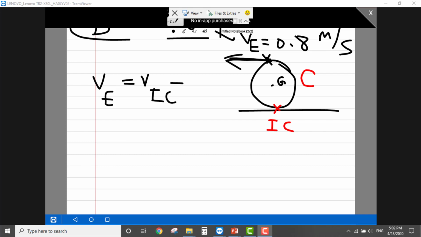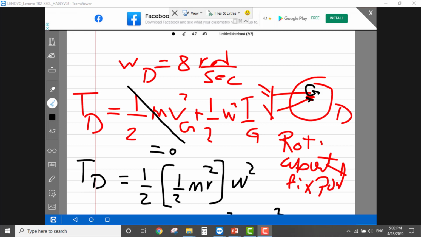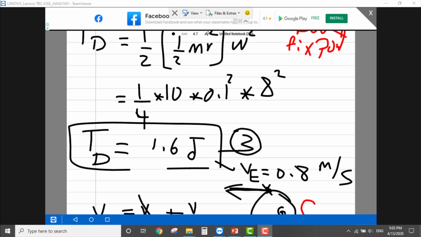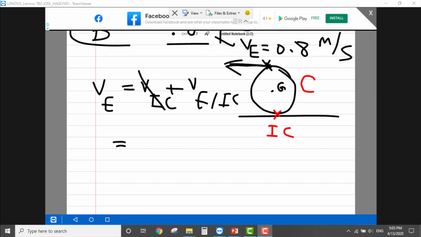Do you remember this equation? Plus VE with respect to IC, and this equals 0 because this is the instantaneous zero velocity point. And the relative velocity VE with respect to IC equals what?